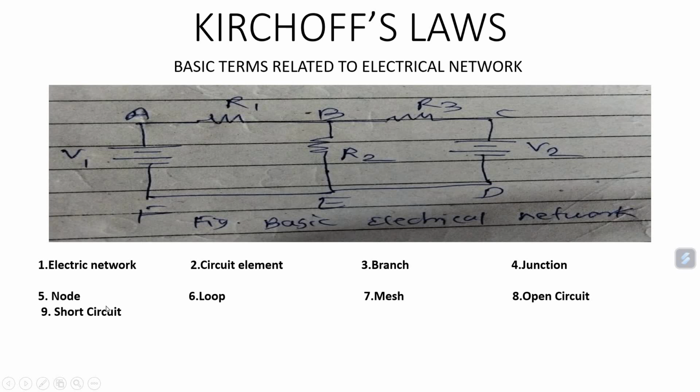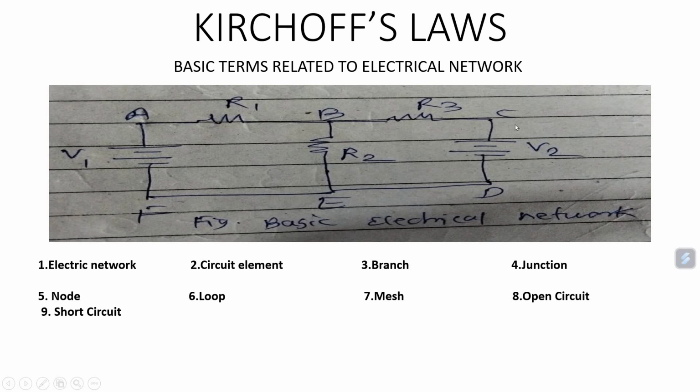Okay. Now, next point, short circuit. Suppose I have to short circuit the branch CD, then I will connect a connecting wire between terminals C and D. In the case of a short circuit, the ideal condition is that we short circuit this path through a good conducting wire which has zero resistance.